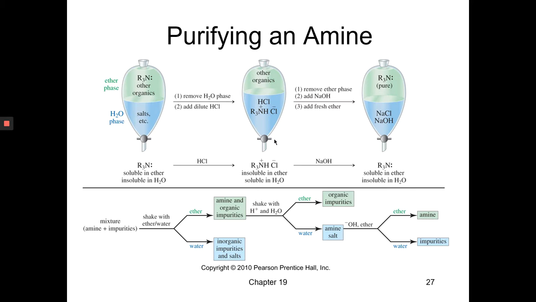If we have the free amine and other organics, say, dissolved in ether, one of the things that we can do is use aqueous dilute HCl as our water phase. We put that in the separatory funnel. We form the amine salt, which is now water soluble, and the other organics, which don't contain basic groups, will remain in the ether layer.